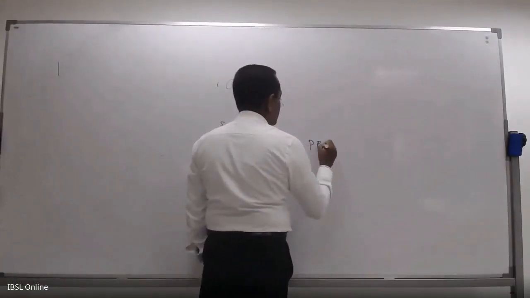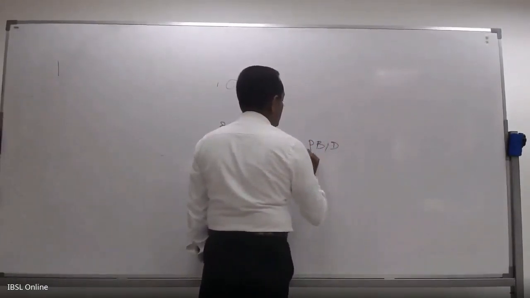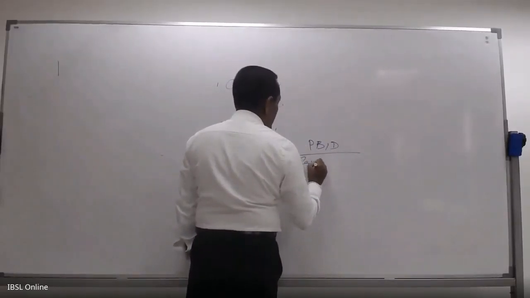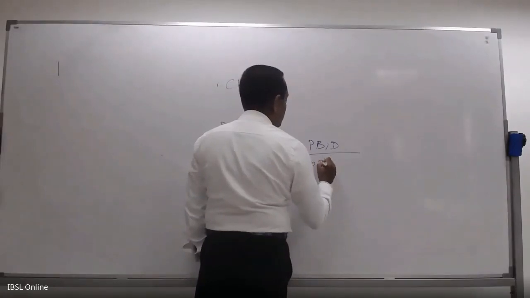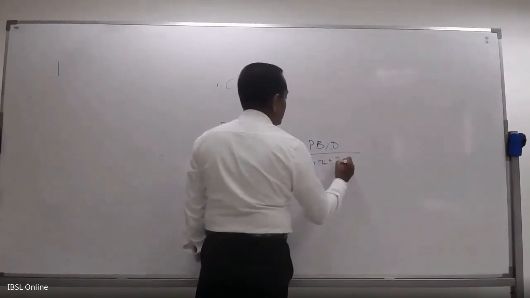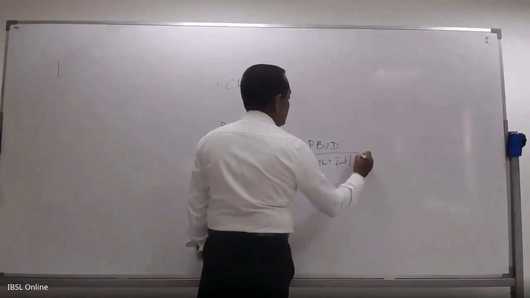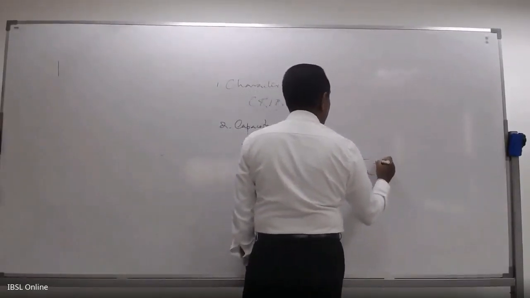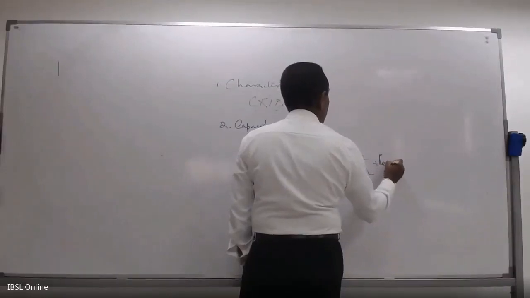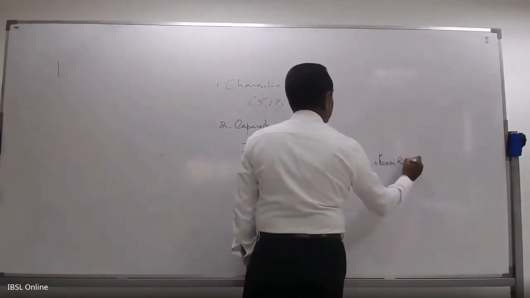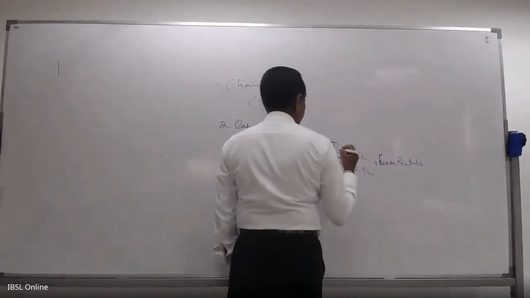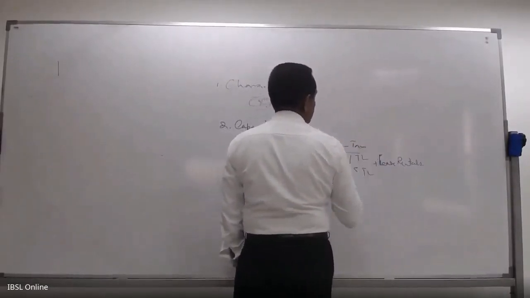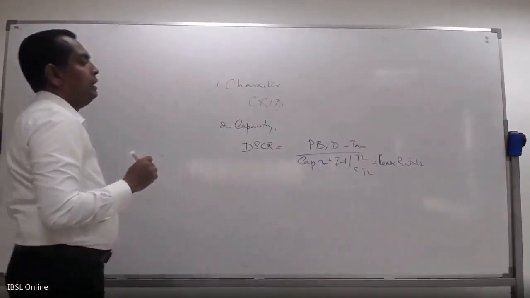Profit before interest and depreciation divided by capital, term loans, interest, term loans and short-term loans, plus lease rentals, minus tax, statutory, right?